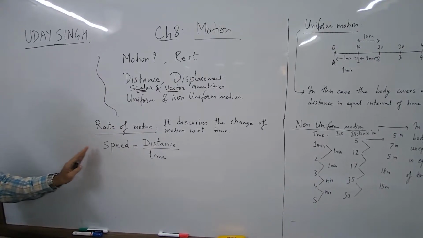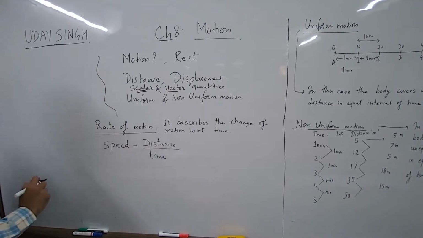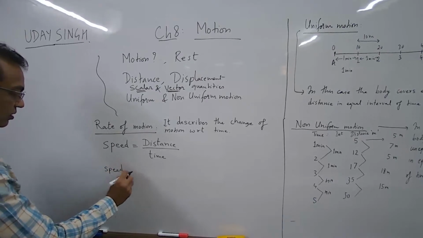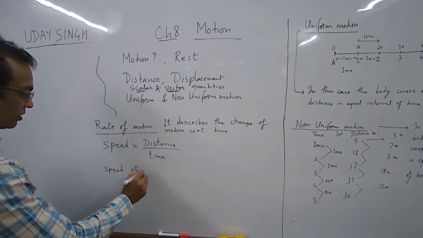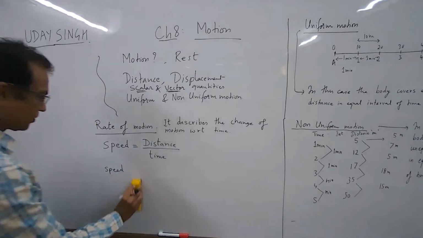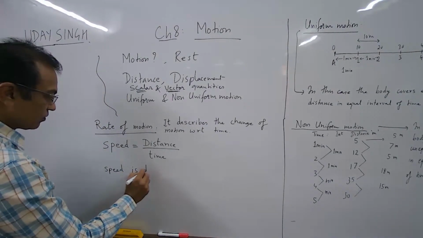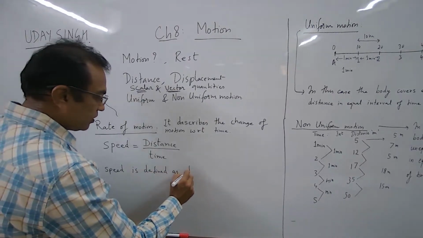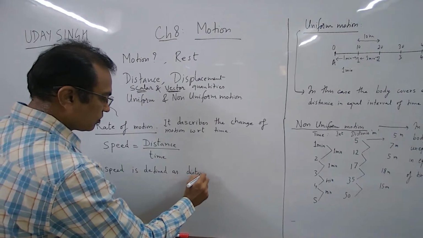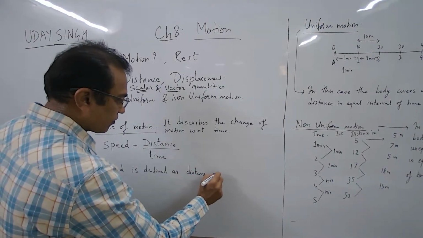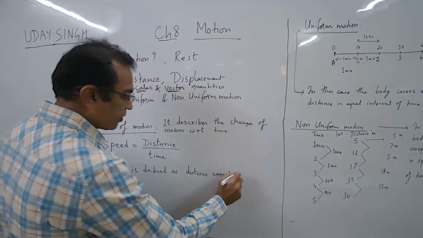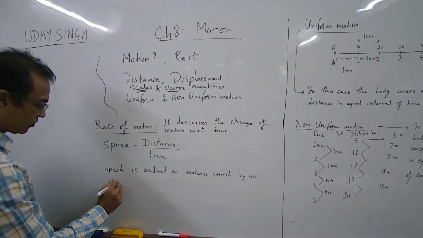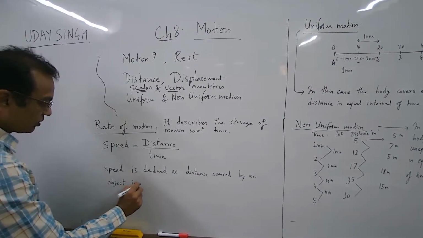Now there are some parameters. One is speed. So what is speed? How do you define speed? Speed of an object is defined as distance covered by an object in unit time.